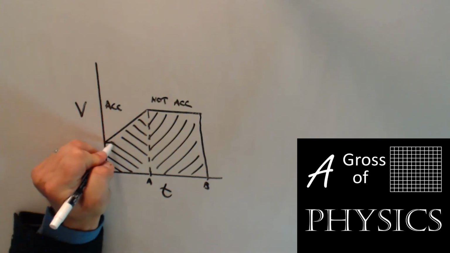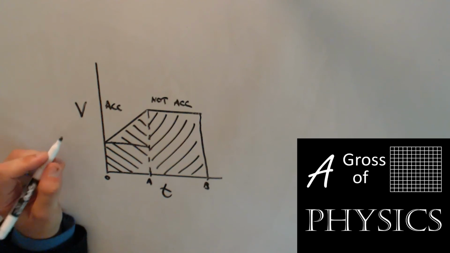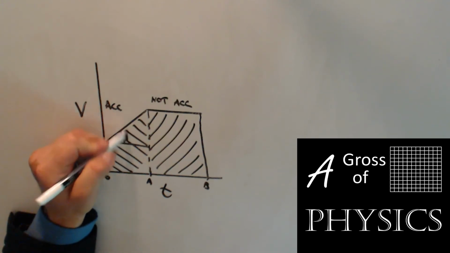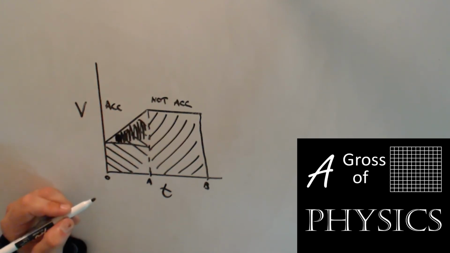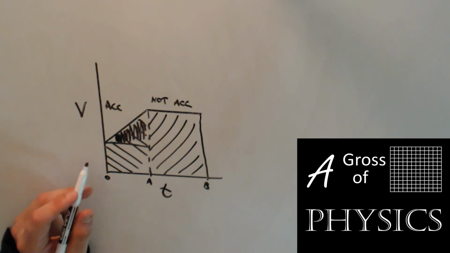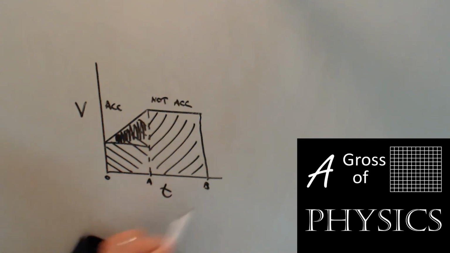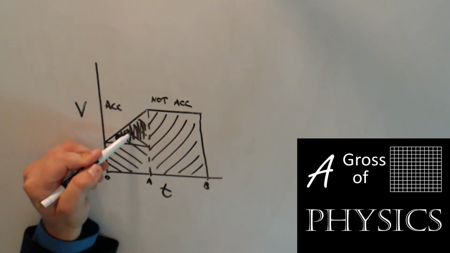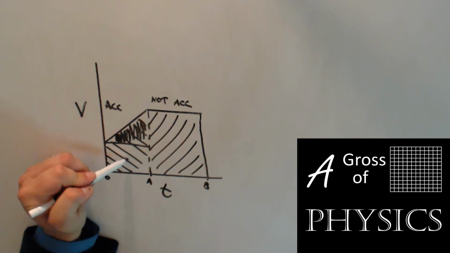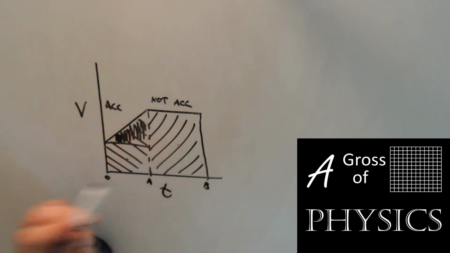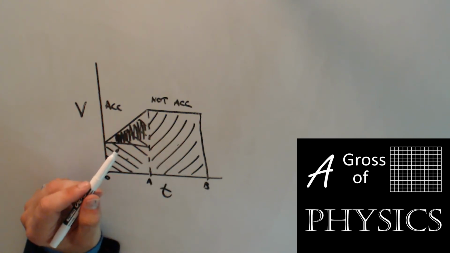So what I do is I break this into a triangle and a rectangle. So if I wanted to find what is my displacement from 0 to point B, I would find the area of the triangle, area of this rectangle, and I would add them together.